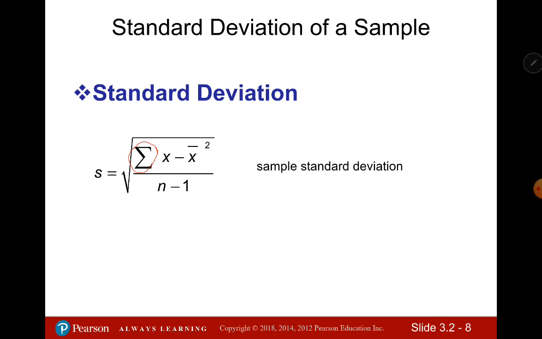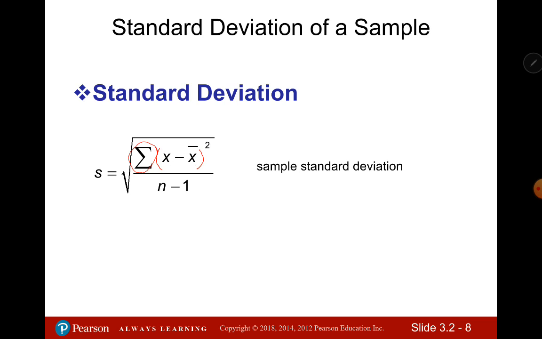I don't know if you can see the parentheses here. Each time we should get the single value x minus our mean value.